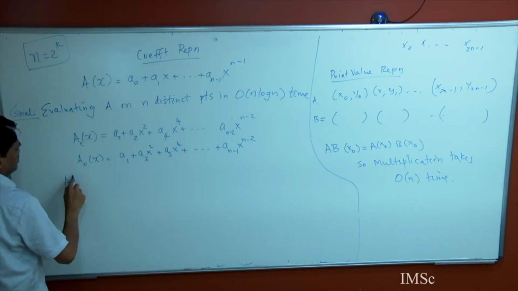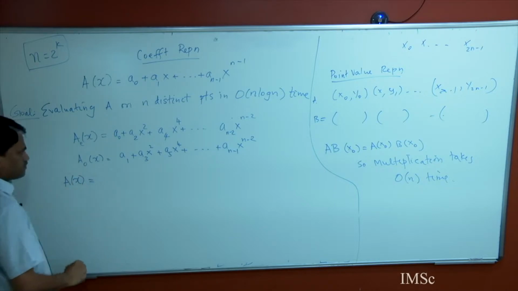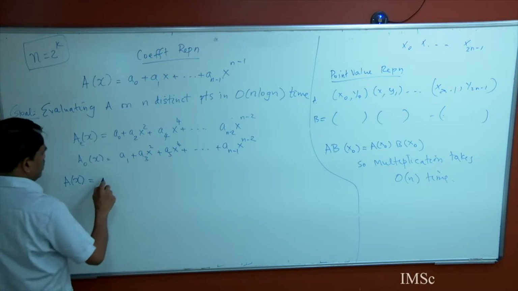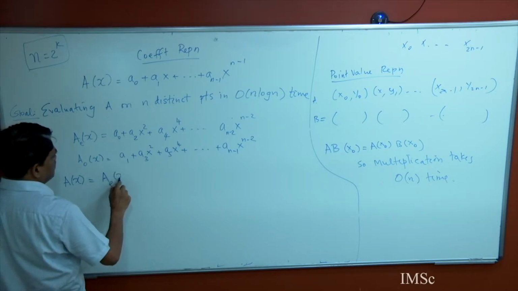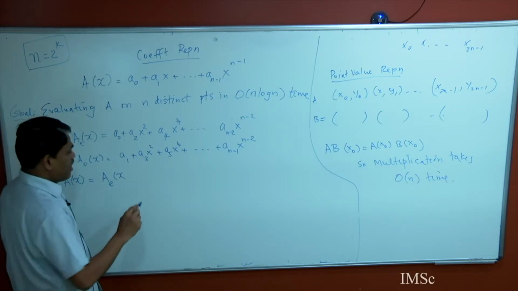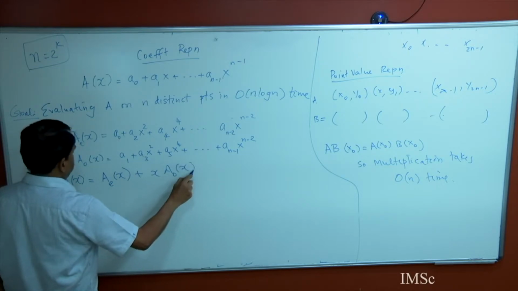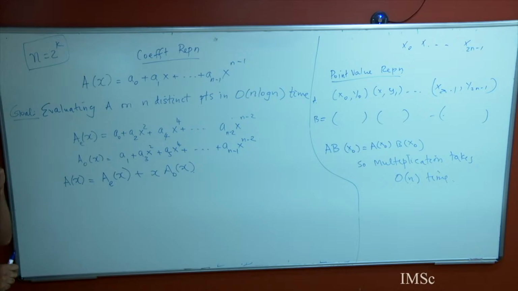Then what is A of x? It is Ae of x plus x times Ao of x, right, because it is actually a1 x, so I have to multiply by x to get that.